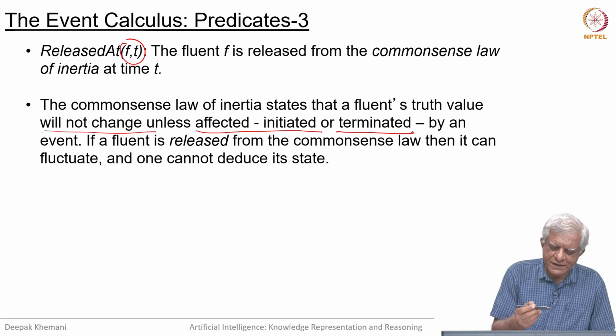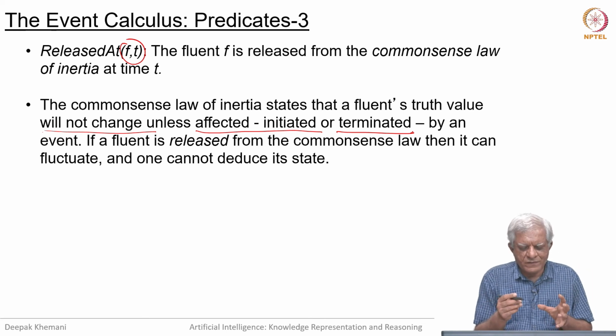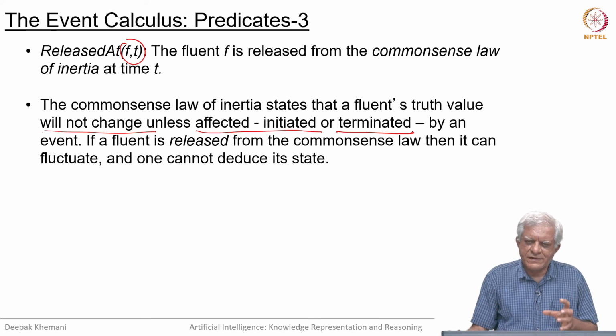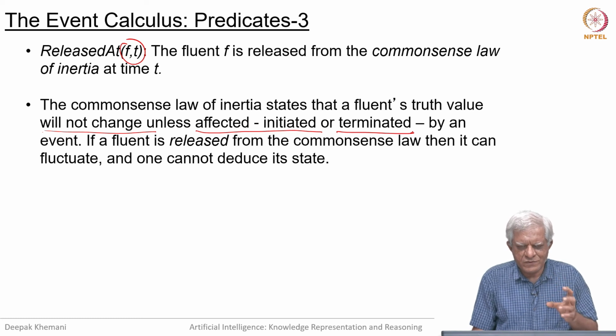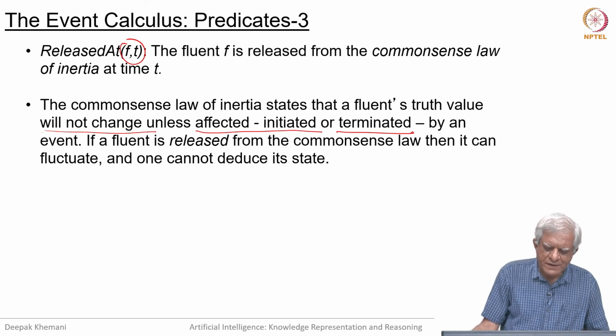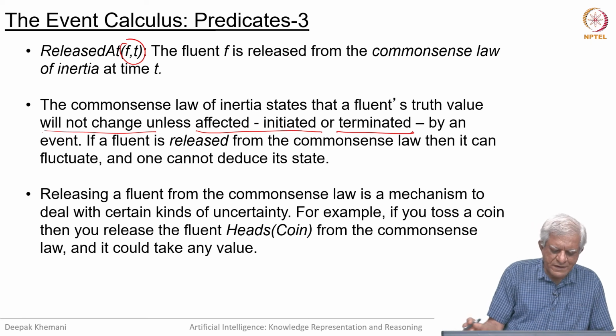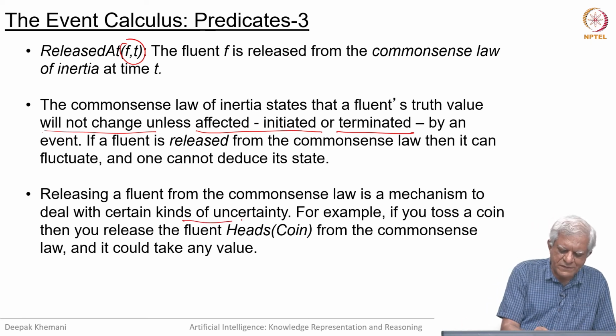So, we are making this statement that it is obeying the common sense law of inertia, which means that the fluent will change only if an event happened which changes it. But if we release it from this law, then we cannot deduce what state it is in. It is a mechanism to deal with certain kinds of uncertainty.